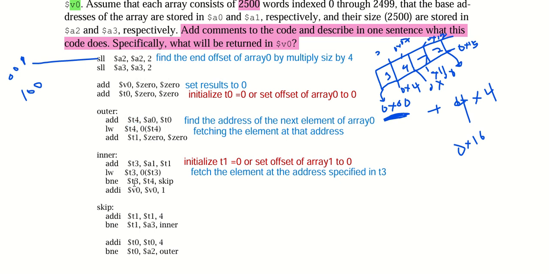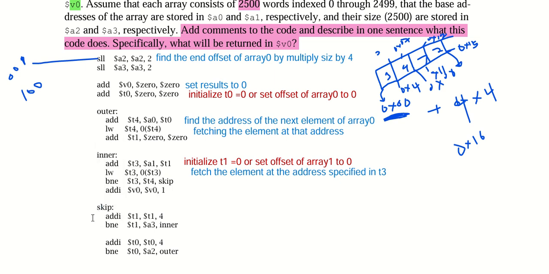And here, realize that we also fetch the element in the second array and put it into T3. So it's like the two arrays, we have fetched their elements from both of them. And now we are coming to compare them with the branch not equal. So we are saying that compare them. If they are not equal, come towards skip, right? That's the branch not equal.